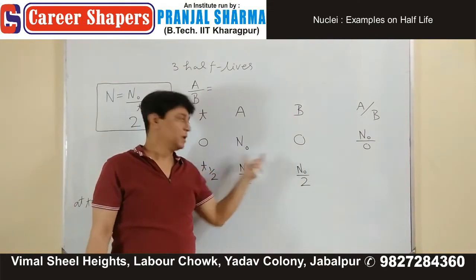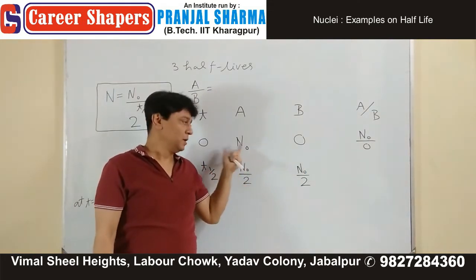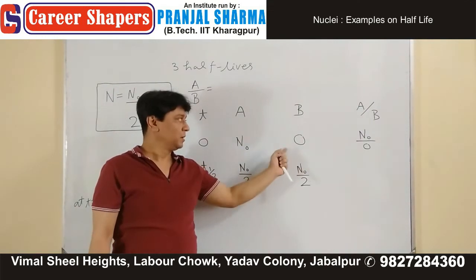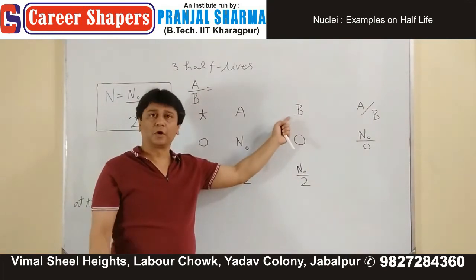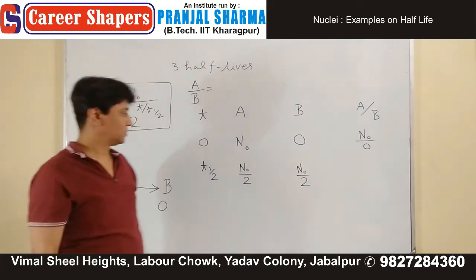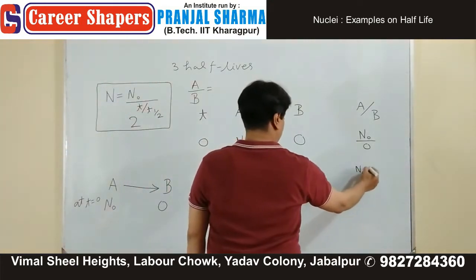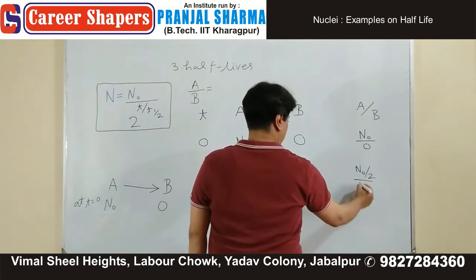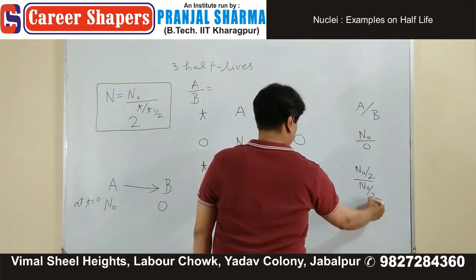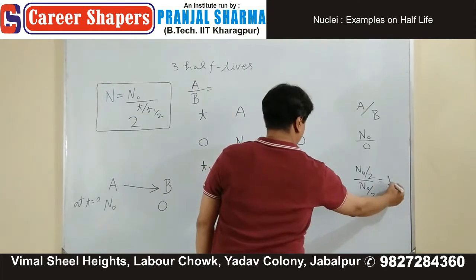This 100 becomes 50. Rest 50, they become what? Daughter nuclide B. So what is the ratio right now? N naught by 2, N naught by 2, which is coming 1.